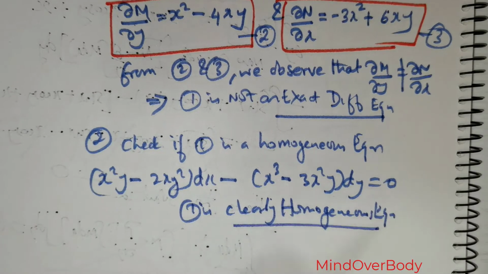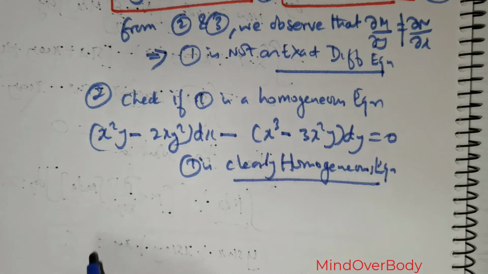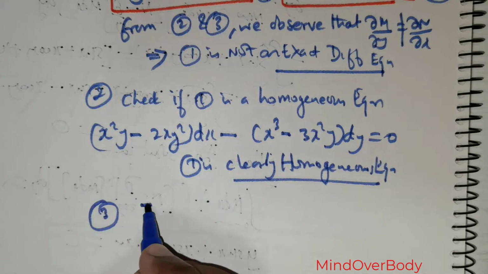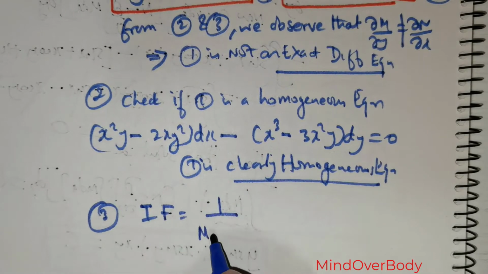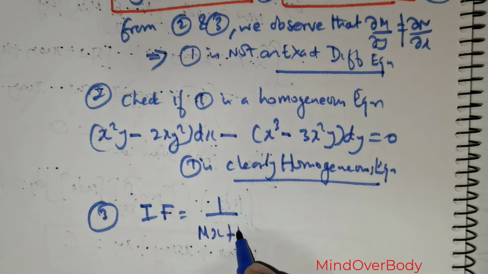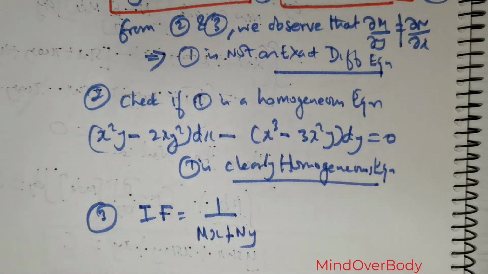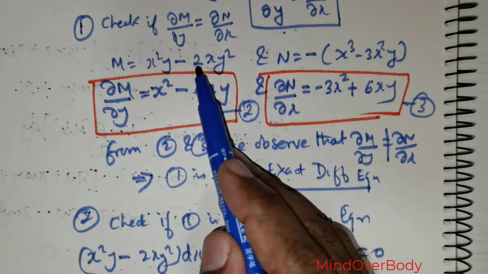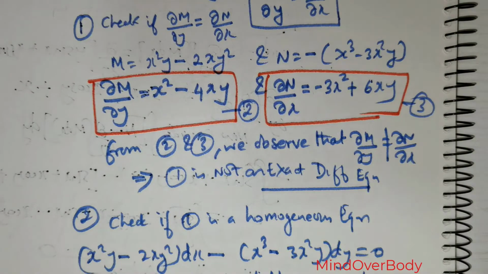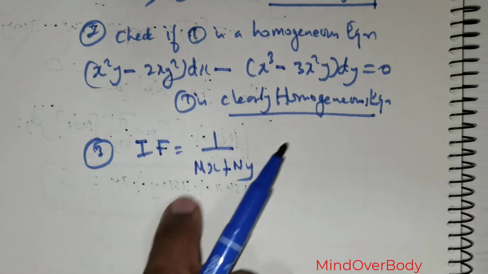Once we complete this check, we will have to find the integrating factor. Now what is the integrating factor? It's nothing but 1 over M x plus N y. From this we know the value of M and the value of N, so I'm going to substitute it here.